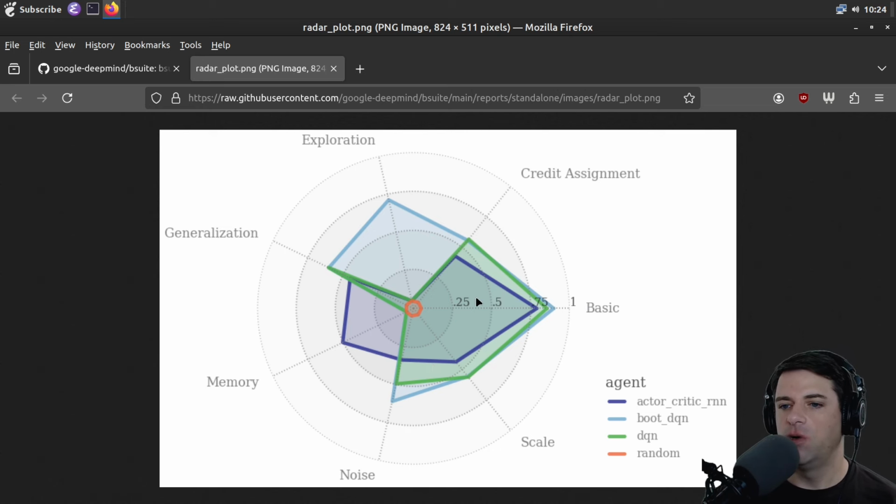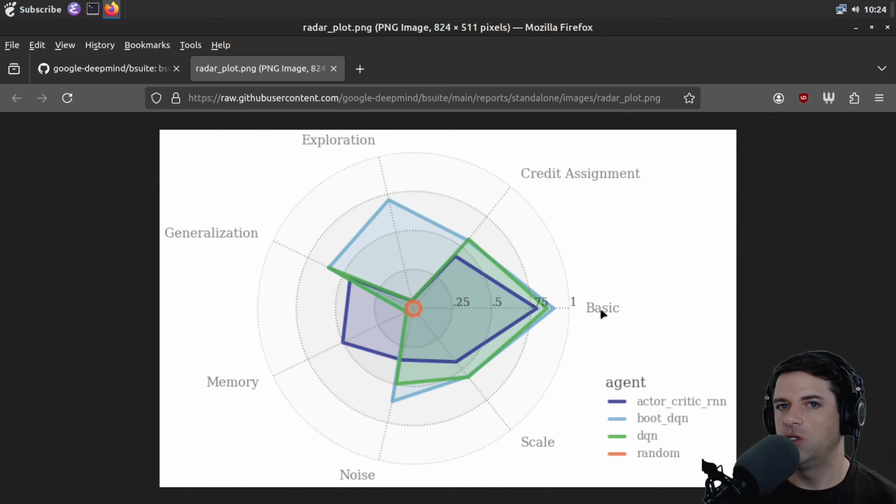Oh, okay, here we go. So 0.25, 0.5, 0.75, which is a little bit weird because the area doesn't scale the same way. The human eye is kind of attributing area to this when that may not be actually indicative of how these things are scaling. But you do get a representation of different performance characteristics.